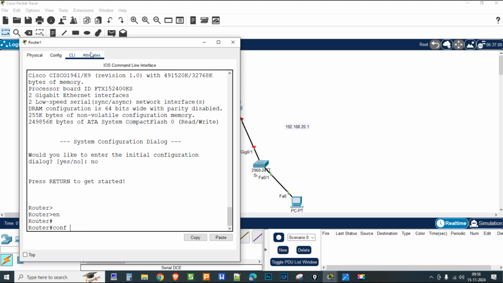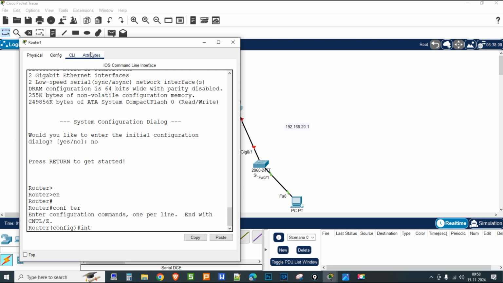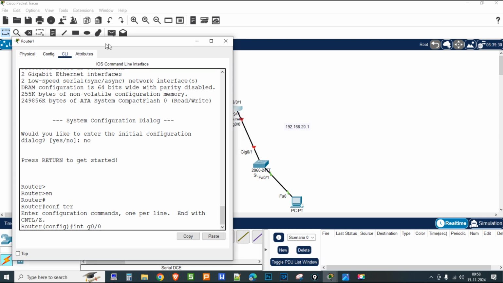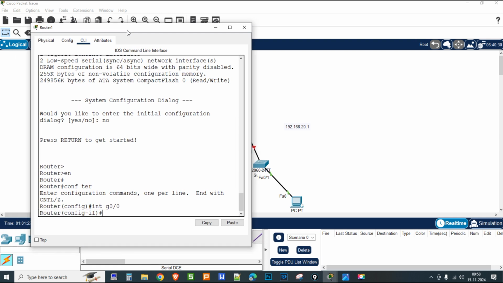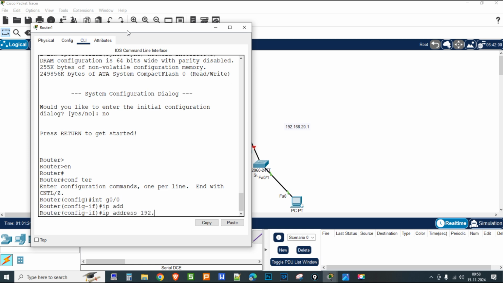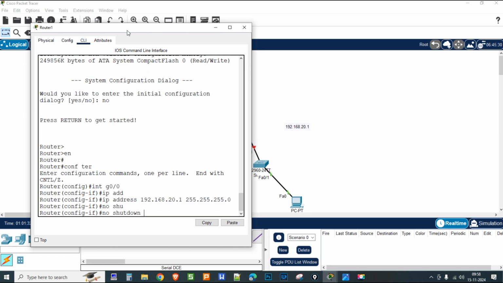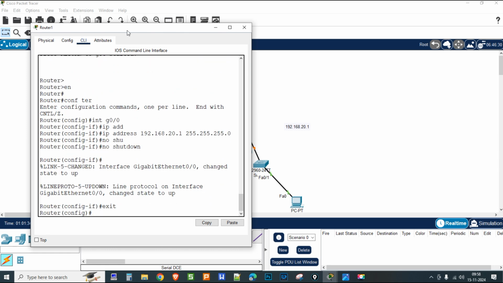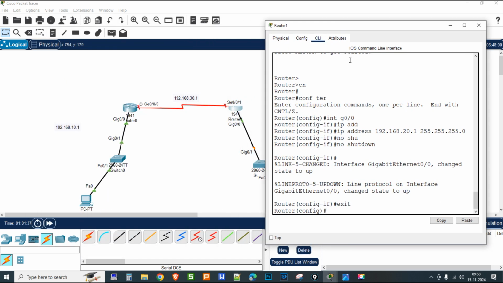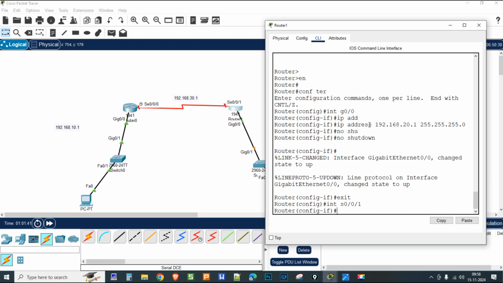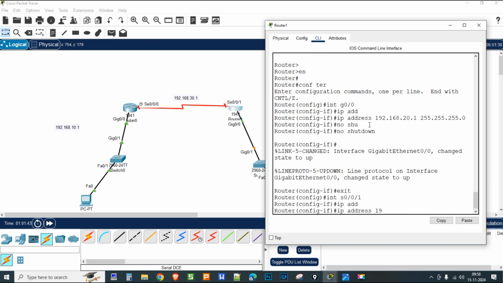Enable, config terminal, interface G0/0, IP address 192.168.20.1 followed by... but the serial interface, both sides will need to up the interface. It can turn on the... so left side we need to configure the 30.1, here 30.2.